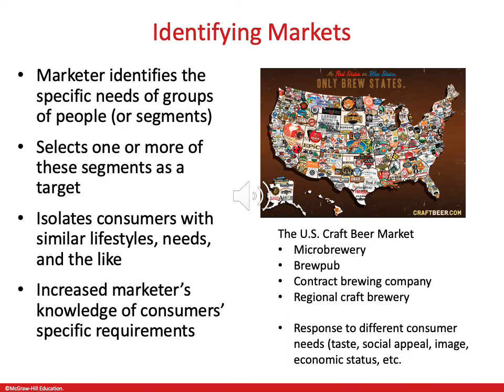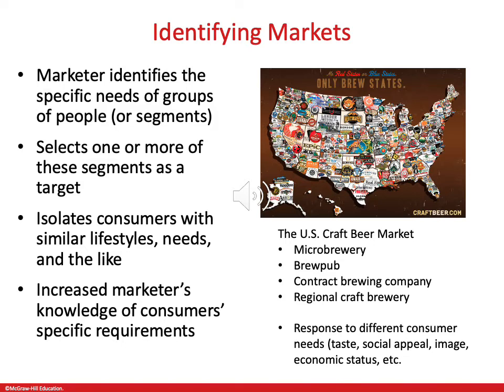So when we think about identifying markets, what we're really talking about here is identifying specific needs of different groups or segments of people, right? And we may select one or more of those segments as a potential target. So it doesn't always just have to be one. But we do need to isolate those.